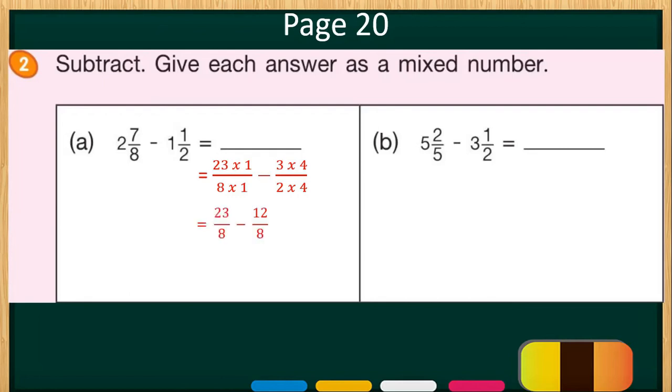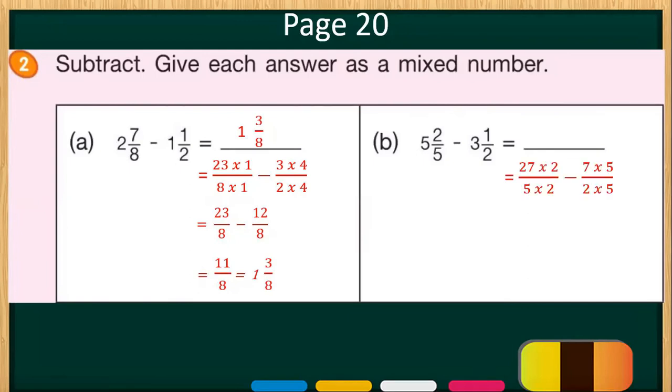Very good. So our answer is 23 over 8 minus 12 over 8. 23 minus 12 equals? What's the answer? 11. 11 over 8 or 1 and 3 over 8.